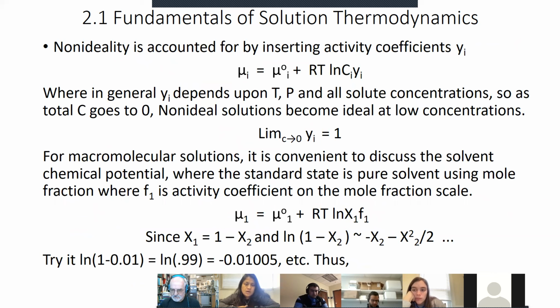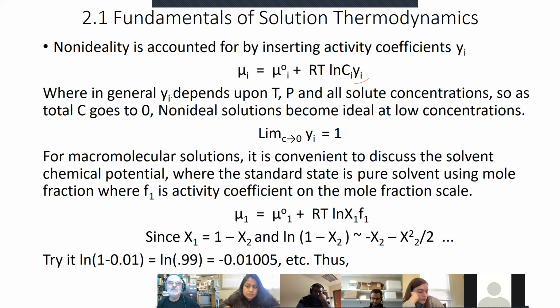Now, transitioning to non-ideality, and this was one of the things that you did in that first problem set out of the review book, the mathematical computations. We could add an activity coefficient here. In mgs per mil, this book is using Y for activity coefficient.